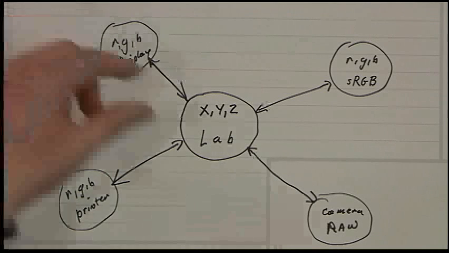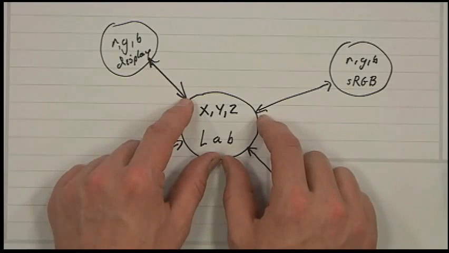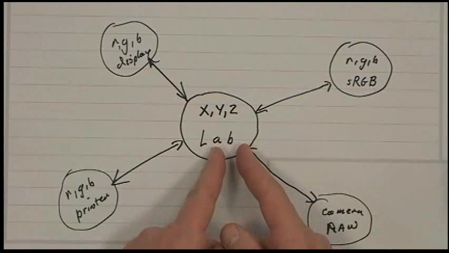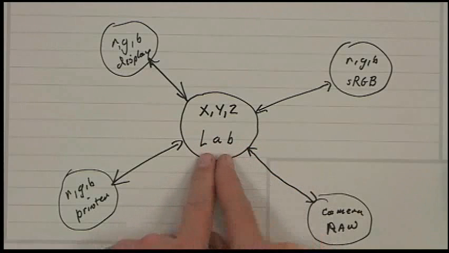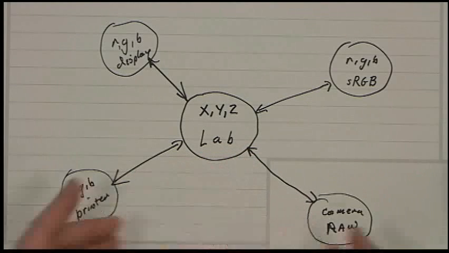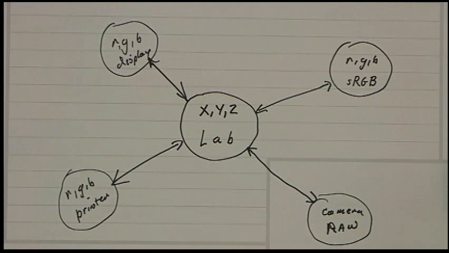The disadvantage of this is that any deficiency you have in this interchange space is inherited by every device. So if the interchange space is sRGB, which is actually what it often is in consumer devices, you're limited by sRGB. But the nice thing is it makes a simpler, more unified methodology for handling the data.